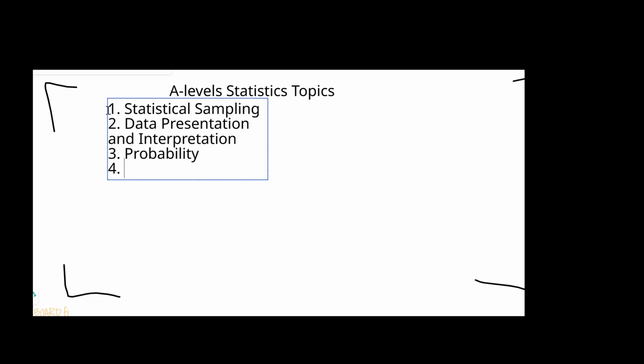So with probability, you want to make sure that you really understand probability from your GCSE because again, it will set you off with a good background if you already know that in your GCSE. So that when you go on to do A levels, you can easily wrap your mind around what you're being taught. So statistical distribution.